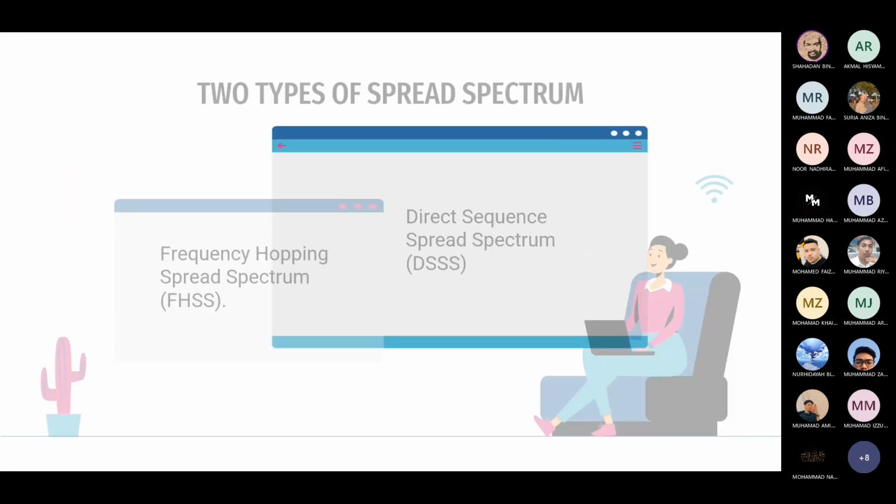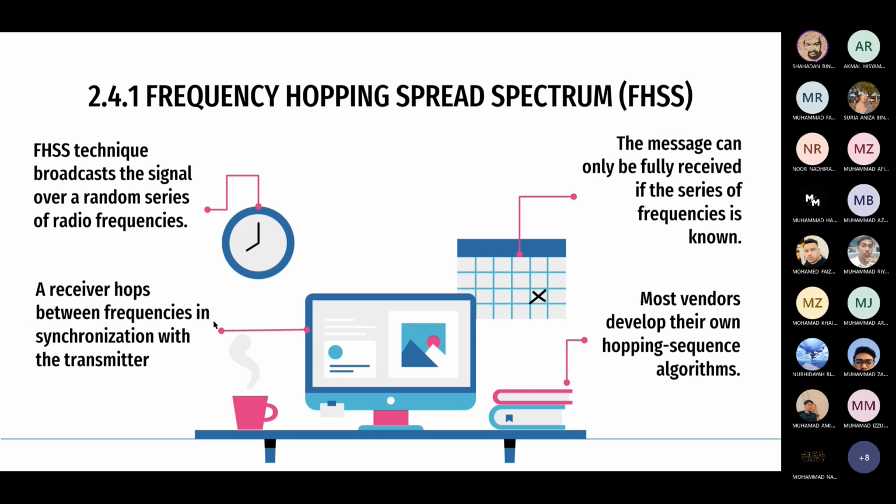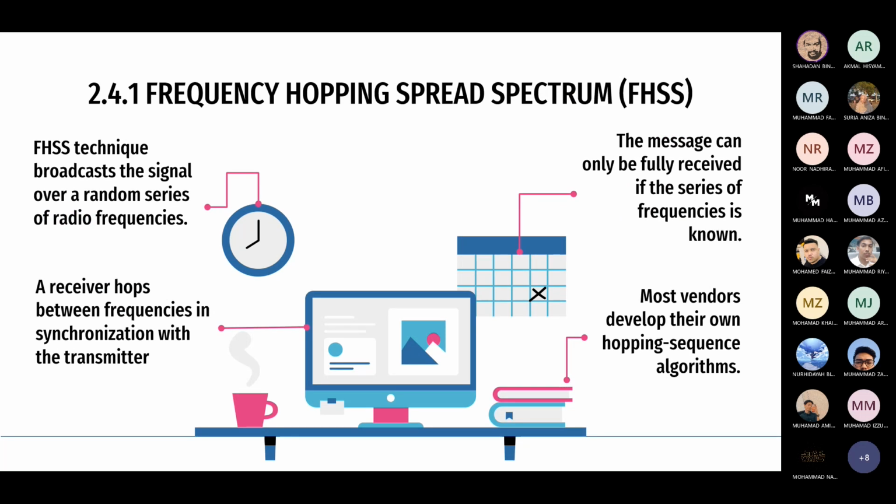In spread spectrum technology, there are two types: first is frequency hopping spread spectrum, FHSS, and direct sequence spread spectrum, DSSS. I will present about the FHSS. FHSS technique broadcasts the signal over a random series of radio frequencies. A receiver hopping between frequencies in synchronization receives the message.